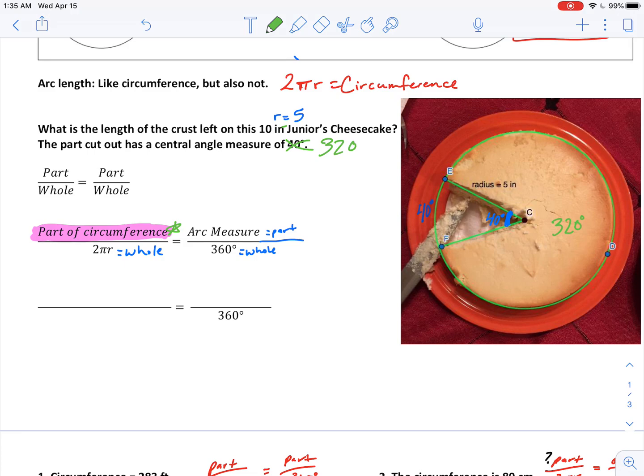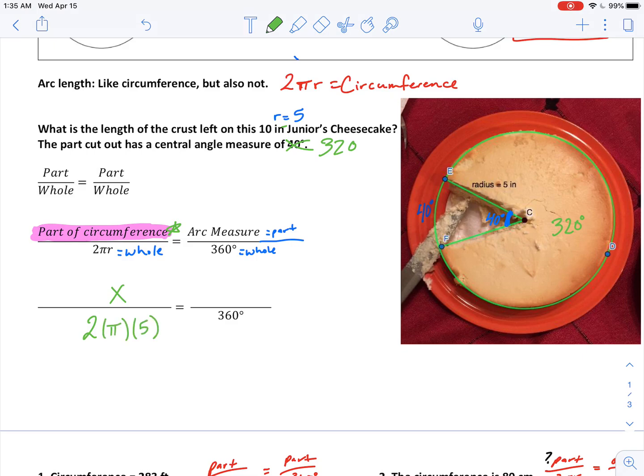So what we're going to look at is the part of the circumference. That's what we want. This is really what we're looking for today. Over the whole circumference is going to be equal to the central angle measure that's intercepting that arc over the whole circle of 360. So what are we given here? Part of the circumference, that's what I want.